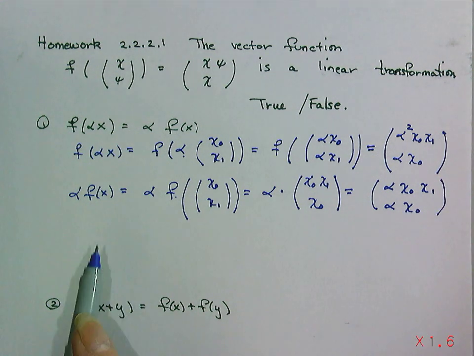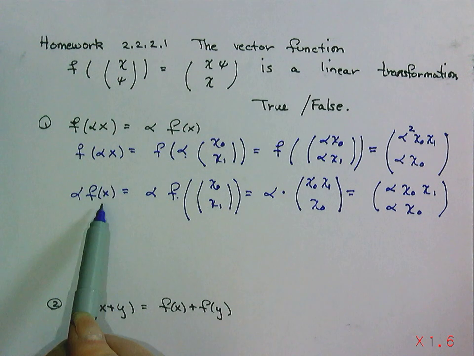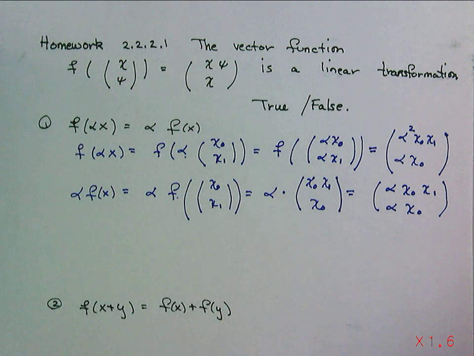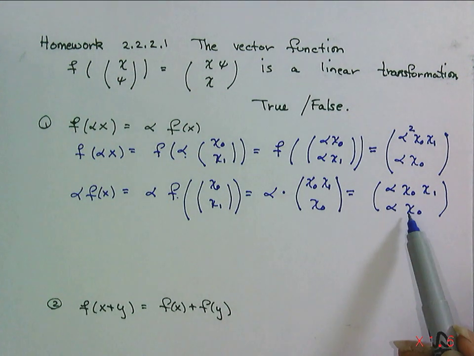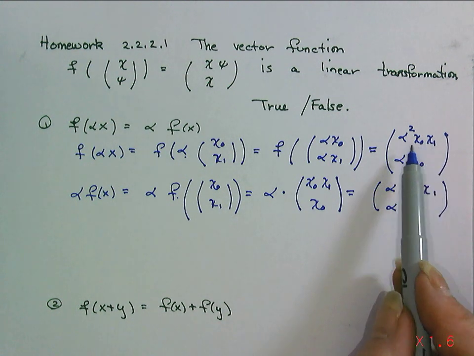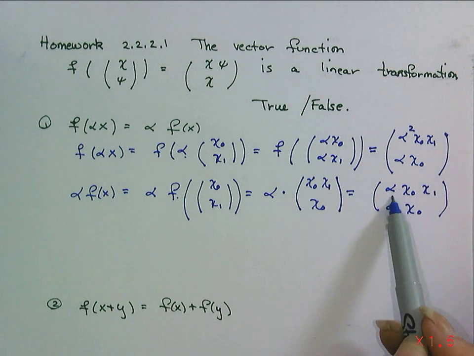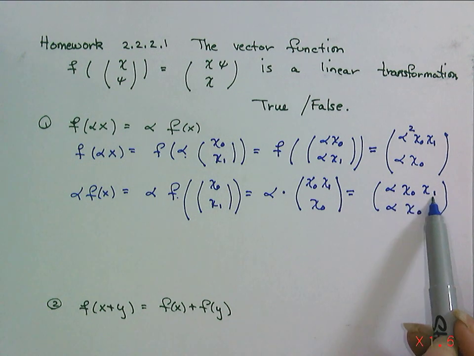Now, do the two simplifications that we performed yield the same vectors? The second components match, but the first components don't. The first component here was alpha squared times chi sub 0 times chi sub 1, and here it's just alpha times chi sub 0 times chi sub 1.